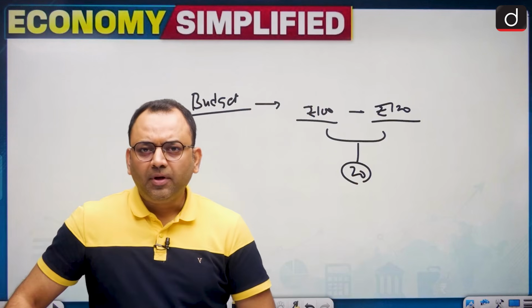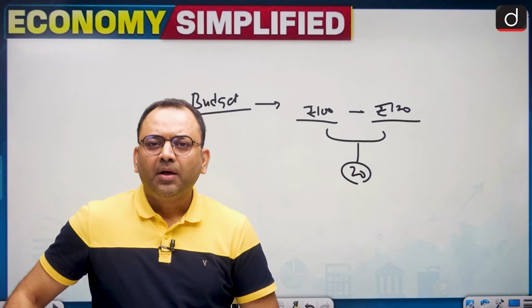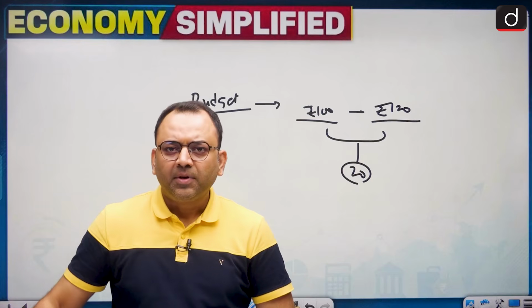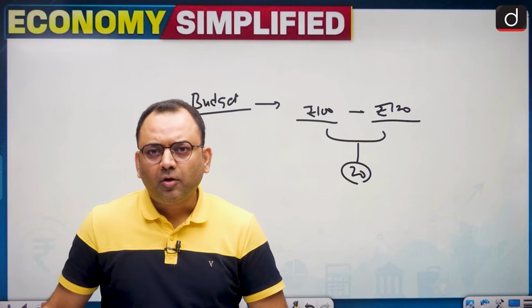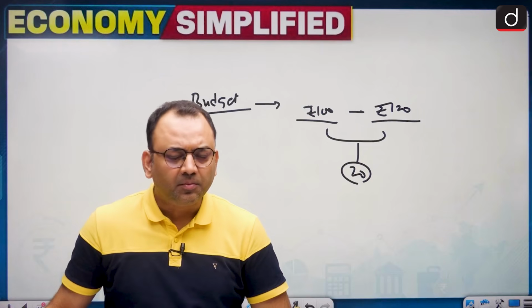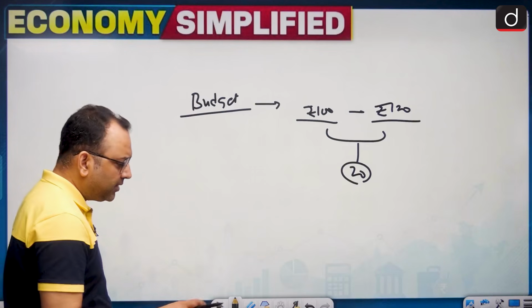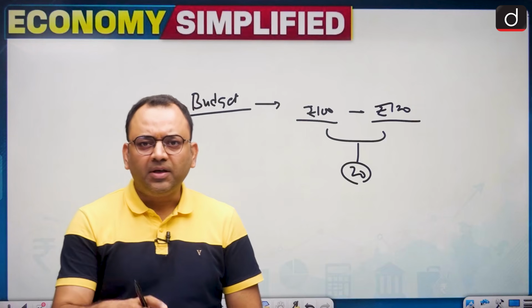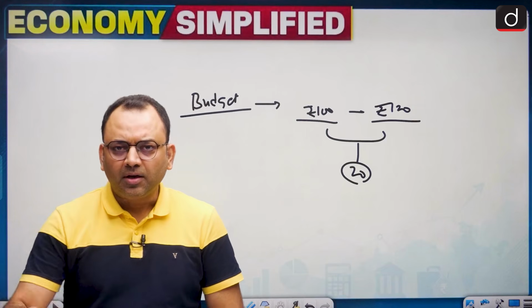Now, how does the government fulfill the fiscal deficit? The government borrows from the market, from the banks, from the economy by issuing government bonds, government securities, T-bills. Now, the market has a limited amount of money in a given year.